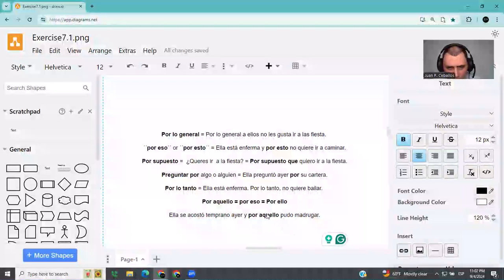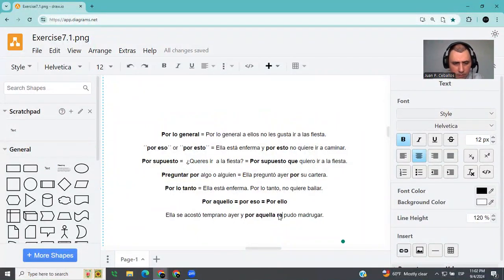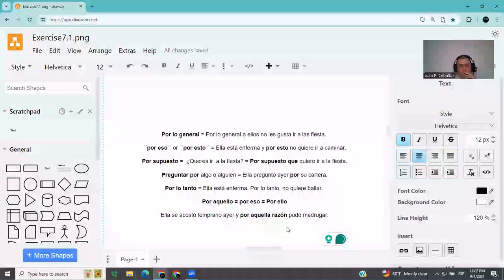Bueno, aquello, let me give you a different example with aquello. Por aquella razón. Entonces, ella se acostó temprano ayer y por aquella razón pudo madrugar. So I will say this is a better expression.